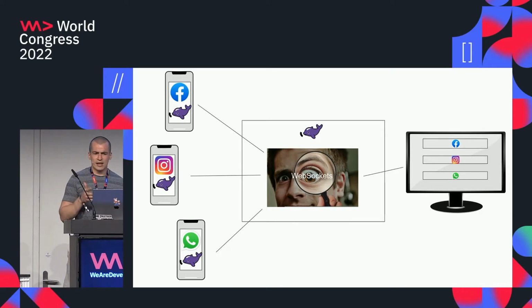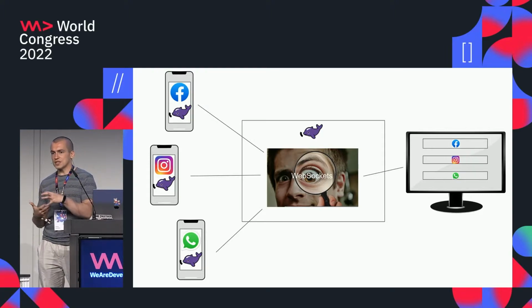So here we have various devices starting different applications. These devices, these applications, they proactively connect to our WebSocket server, which we host in Flipper. And then once the applications are connected to Flipper, we show these applications in the UI.